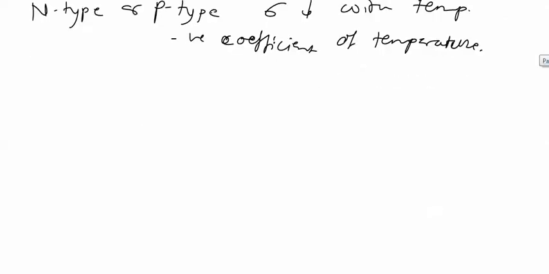Now we will define resistivity of the material. Resistivity, written as rho, is the reciprocal of conductivity. If we know the equation for conductivity for all the materials, then we can also calculate its resistivity.